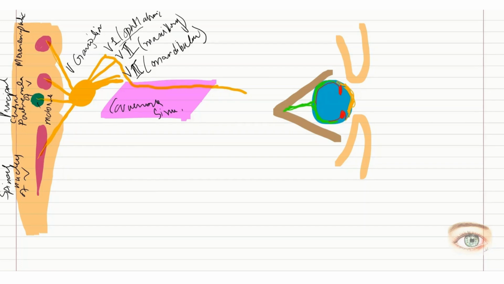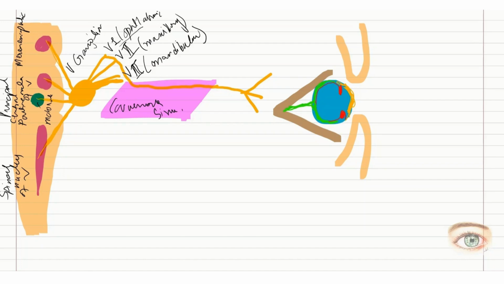Now, before it enters the superior orbital fissure, we will have its three branches. Now remember, we have three main branches of the trigeminal nerve, and we're discussing the first ophthalmic division.